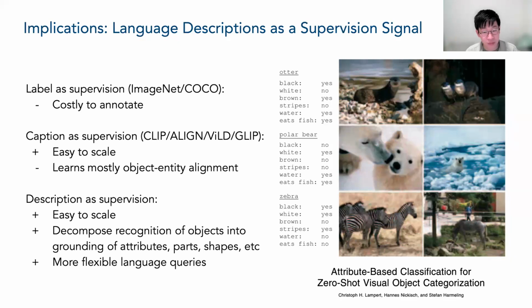If you take a look at the bigger picture of how our supervision sources have changed over the years: a few years ago, we usually used labels as supervision, with classical datasets like ImageNet or COCO, but they are quite costly to annotate and have very limited vocabularies.